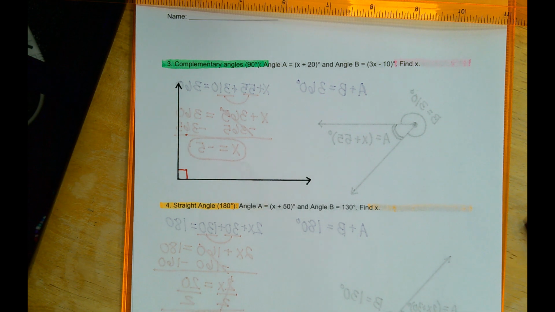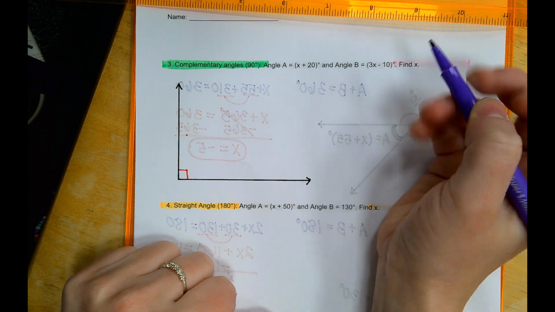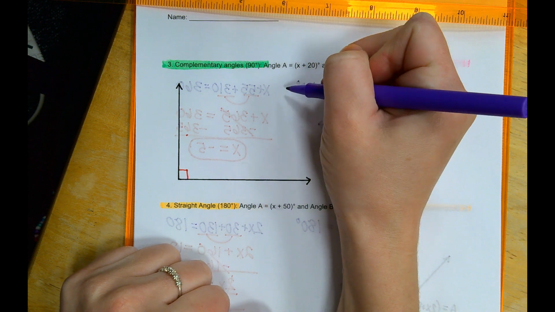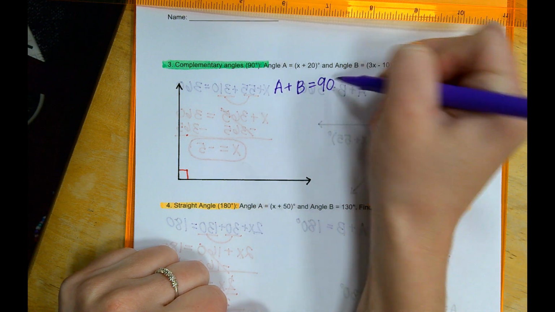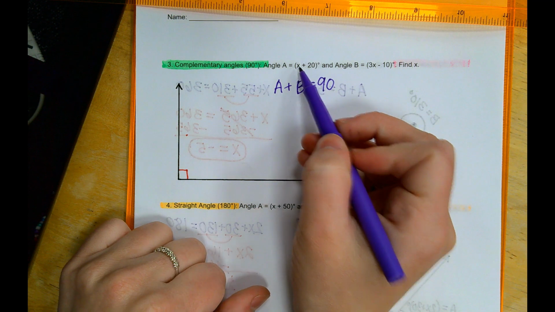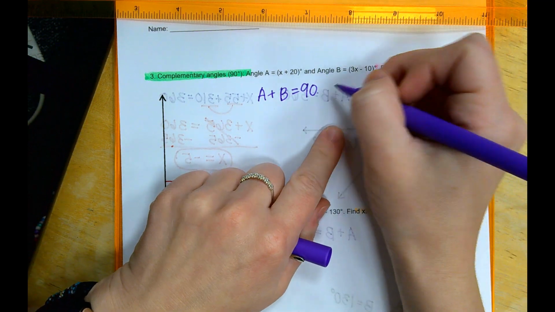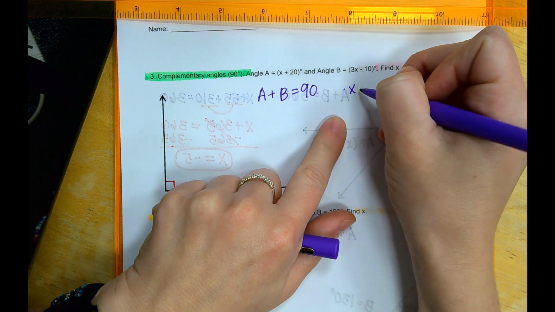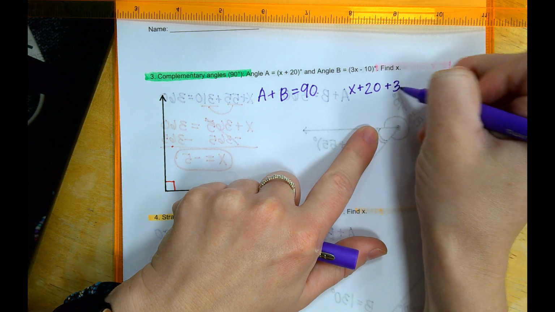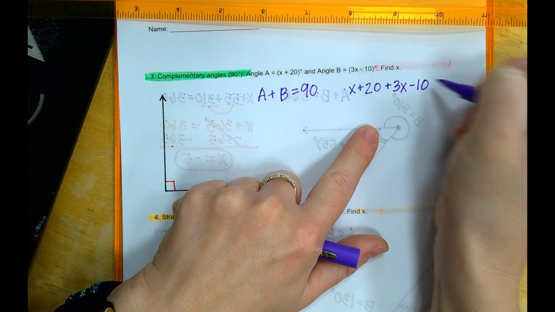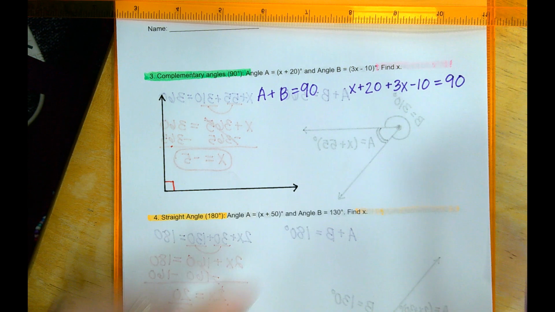So how would I set this equation up? It'd be A plus B equals 90. Perfect. A plus B equals 90. So if I just put my A and B values in there, we'll get x plus 20 plus 3x minus 10 equals 90.